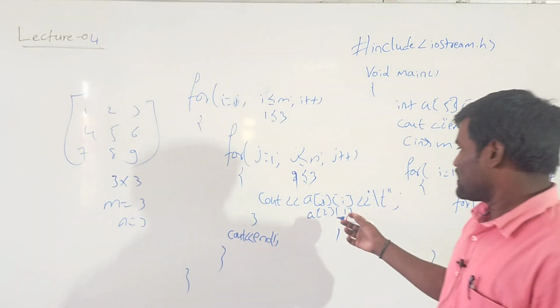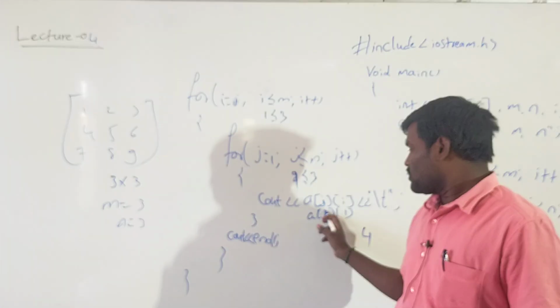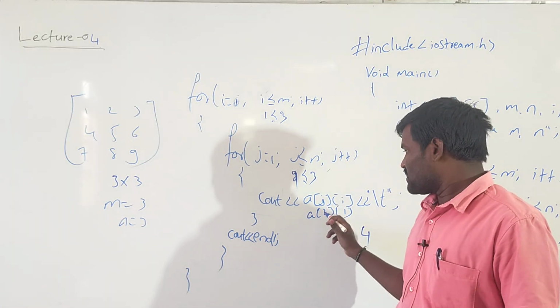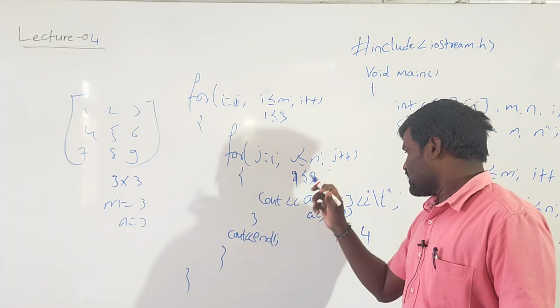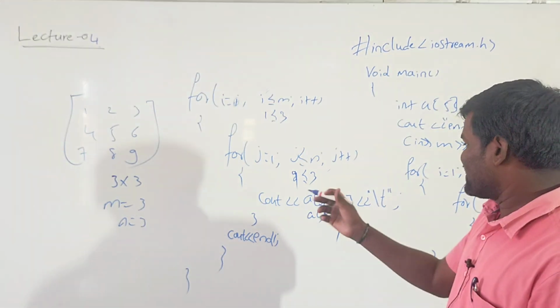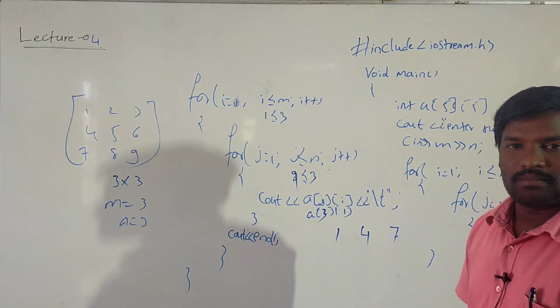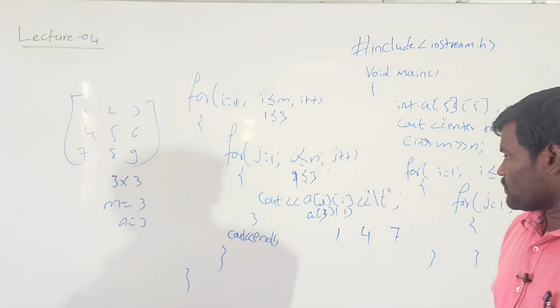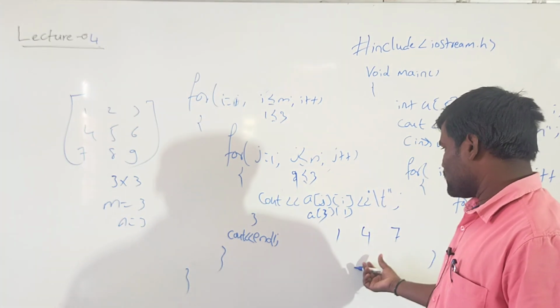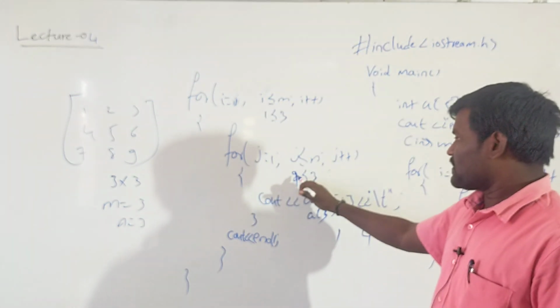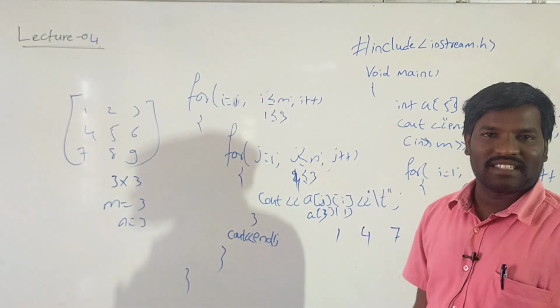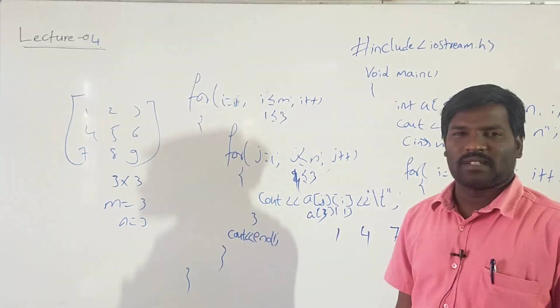Next, j plus plus, j becomes 3. A of 3 comma 1 is 7. 7 will be printed. Next, j plus plus, j becomes 4. 4 is less than or equal to 3? Condition becomes false.